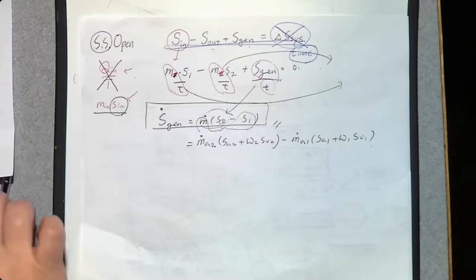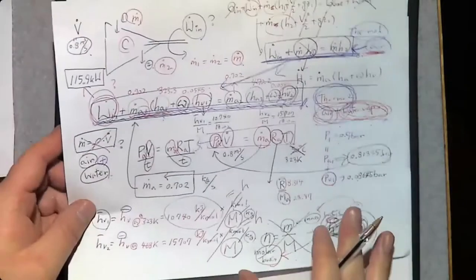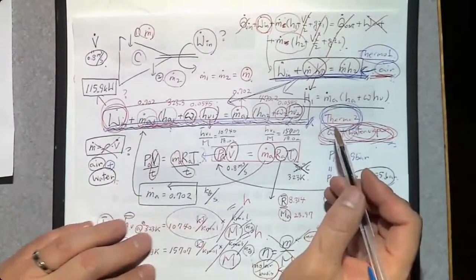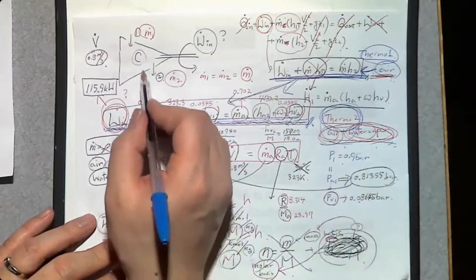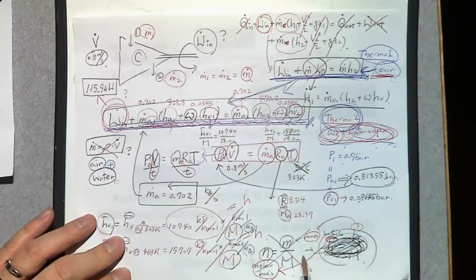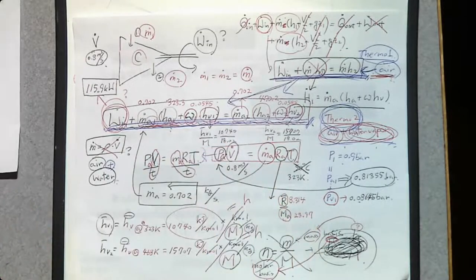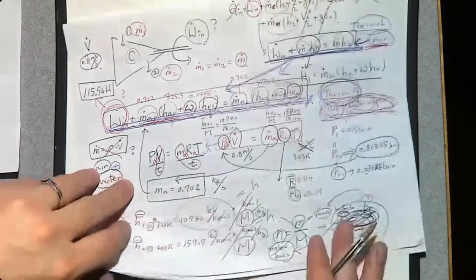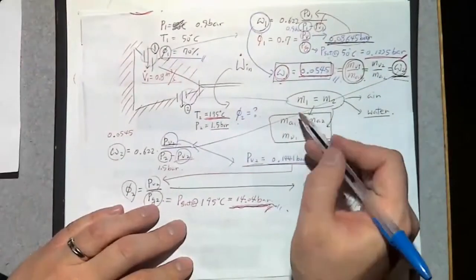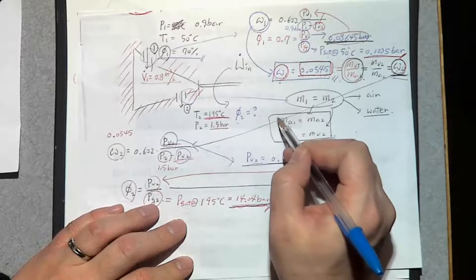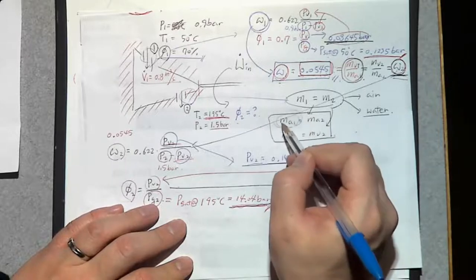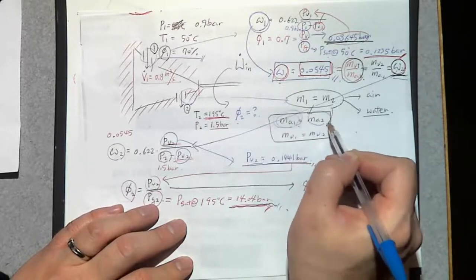Previously, I told you that the mass at the inlet, where is it? Trying to find my solution here. Down here. Okay. Previously, I told you that, due to the conservation of mass principle, MA1 is the same as MA2.